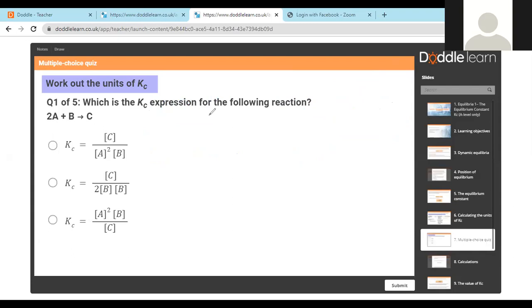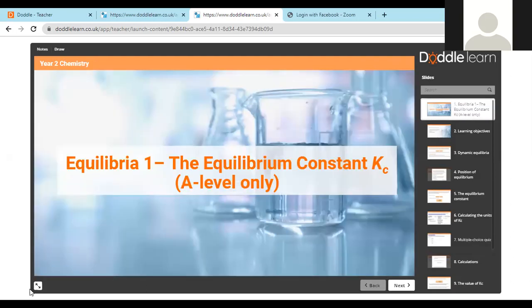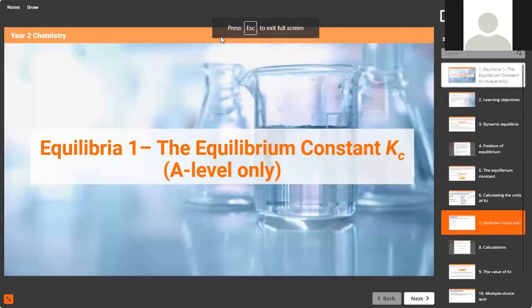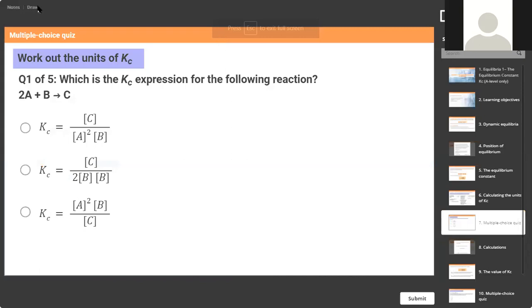And go back to mouse. Okay, so I can work out how to make this bigger again, and will. No, not a clue. Here we go. So, sorry about that. Let's go back to multiple choice quiz. Let's put our annotations on again, and let's have a look at this.